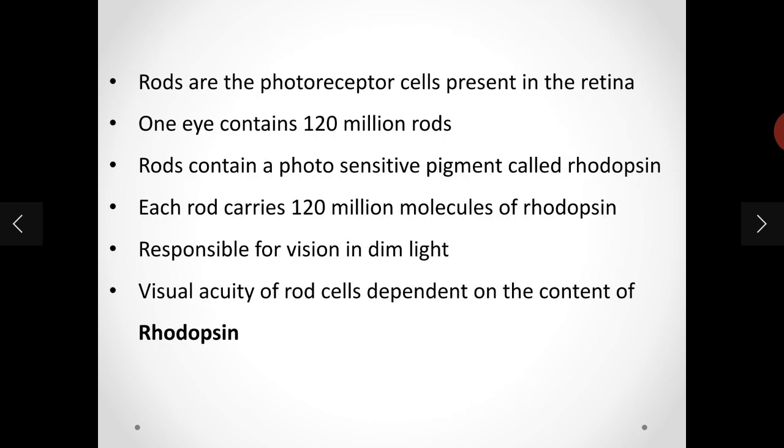So rods are the photoreceptor cells, as I said, present in the retina, and each eye contains 120 million rods, and each of them contains rhodopsin. That is, 120 million molecules of rhodopsin will be present, and these rod cells are responsible for your vision in dim light, and the visual acuity of rod cells depends on the content of rhodopsin present.